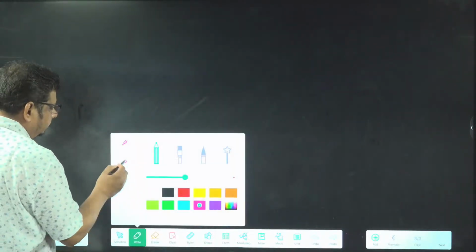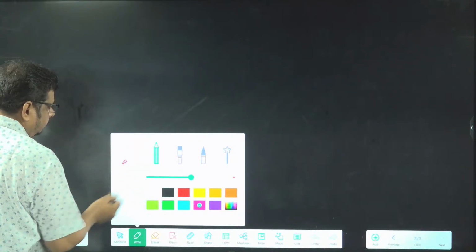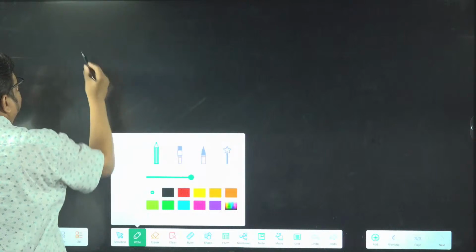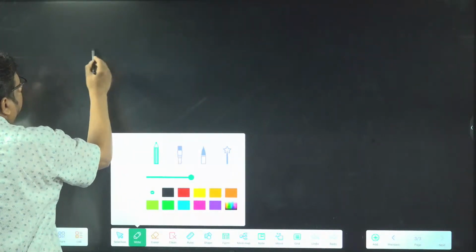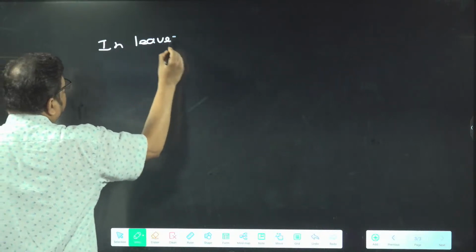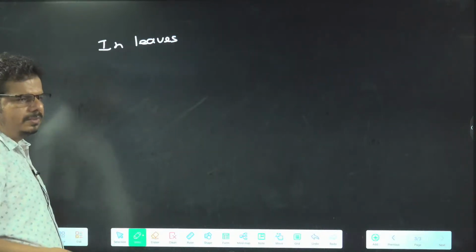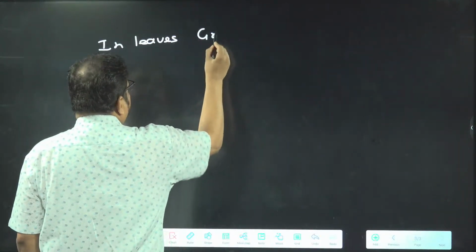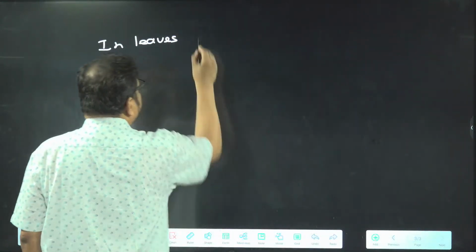So now, I just want to write one more thing. In leaves, where is the ground tissue? Anybody can tell? In leaves, in the ground tissue, who is present?